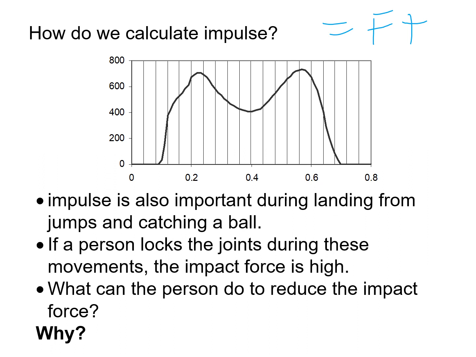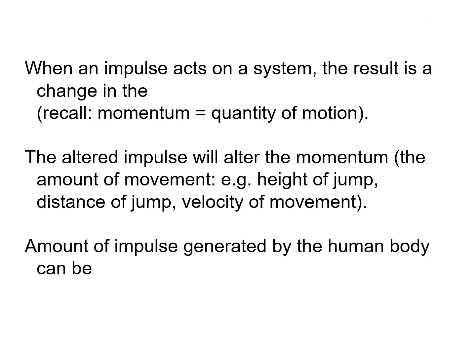So basically, what can a person do to reduce the impact force? Best way to do it, increase the time applied. When an impulse acts on a system, the result is a change in the system's total momentum. Remember that momentum is the quantity of motion.